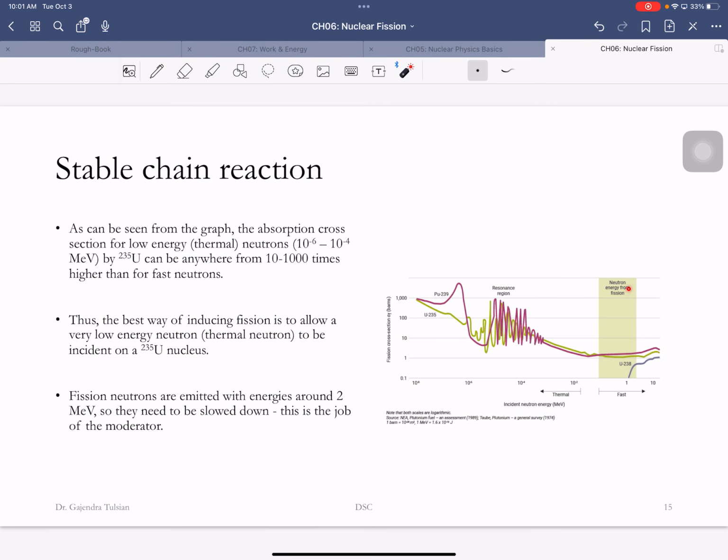This is neutron energy from fission, and this is fission cross-section: what is the probability of him causing further fission? When he's moving extremely fast, the cross-section of him causing fission is that much. But if you get that neutron to slow down, the probability of causing fission can be increased 100-fold.